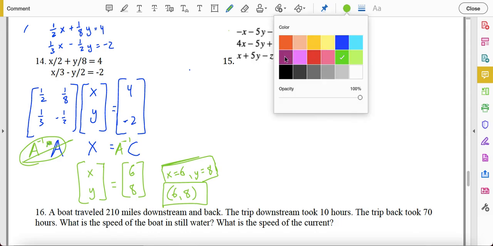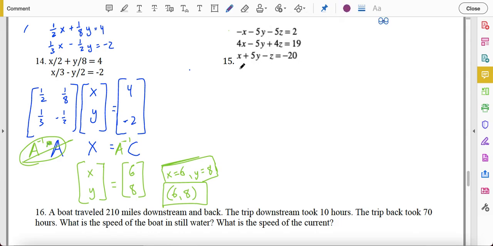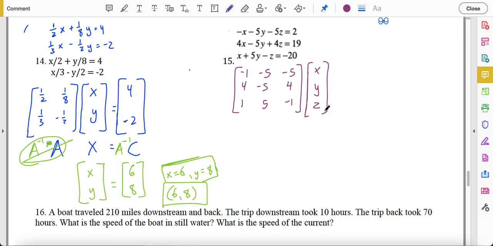Coefficients: -1, -5, -5; 4, -5, 4; 1, 5, -1. And I've got x, y, z. There's my variable matrix, equals my constant matrix, 2, 19, -20. So there we go. There's our matrix setup.